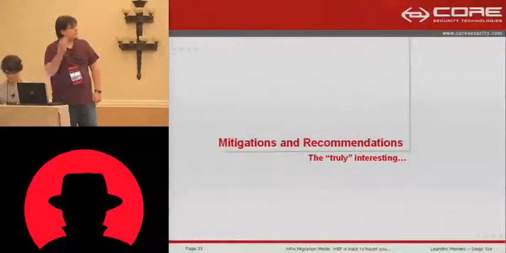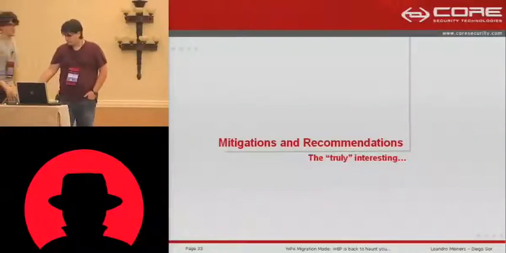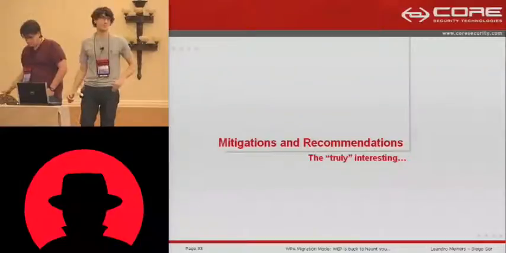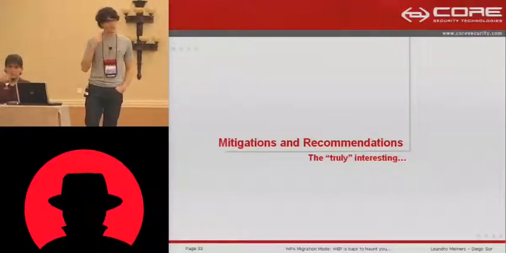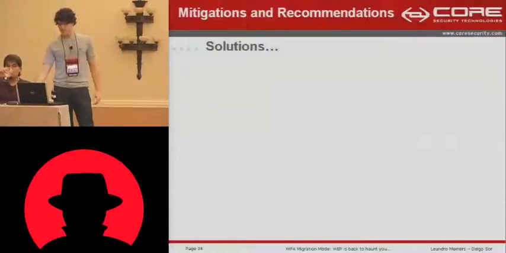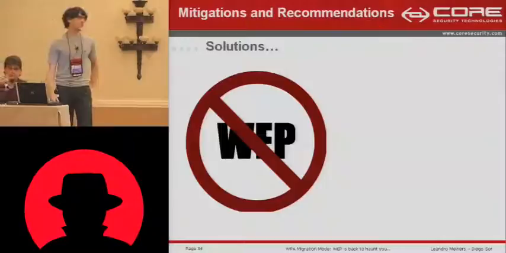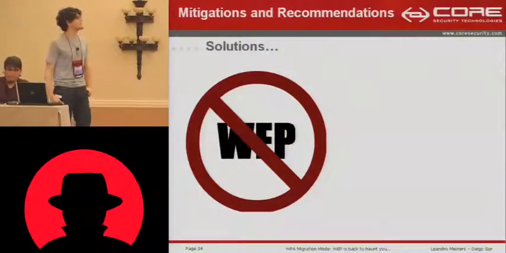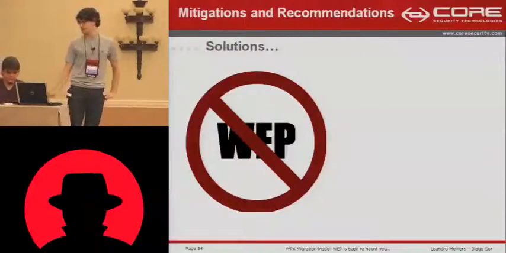So now Diego will talk about some mitigations and recommendations. So now we know that an AP running in migration mode can be attacked and the WEP key can be obtained from there. So we know that WEP is completely broken, so you should avoid it and not use WEP. This is a basic solution for that.